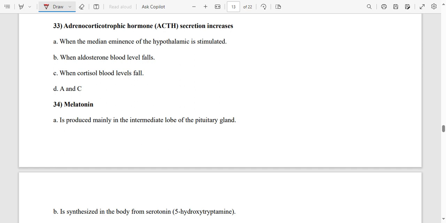Okay, you would pick A, when the median eminence of the hypothalamus is stimulated.